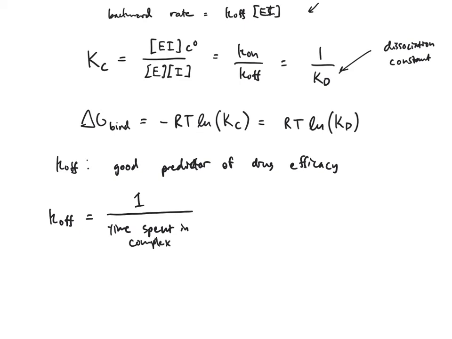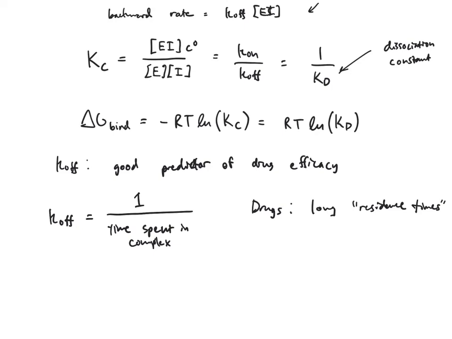So the longer the drug spends bound in complex to its target, then the smaller the K off will be. And typically you want drugs to have very long, what are called residence times. So you want drugs to have as small a K off as possible.